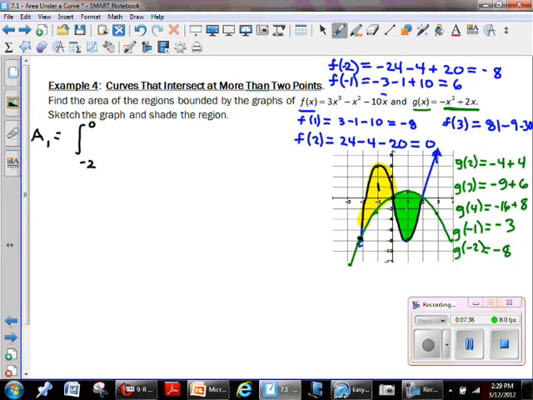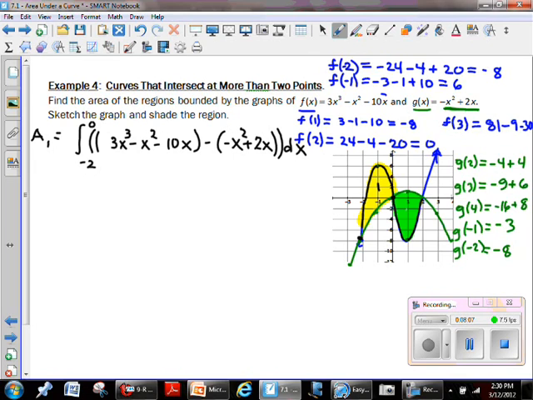And we would take the upper function, which would be identified here with my blue cubic graph. So that would be 3x cubed minus x squared minus 10x. And then I would subtract the quadratic, negative x squared plus 2x. And then I would do all this integration with respect to x.